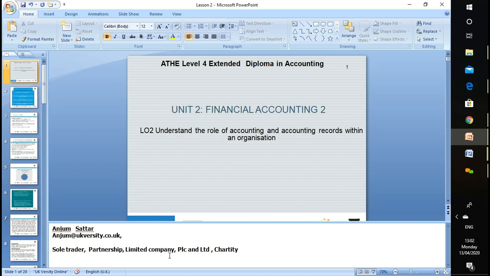All these organizations need to keep accounting records, which is a legal requirement by law. They have to keep the records to meet the requirements of HMRC, Companies House, if it's a company, they have to submit the accounts, and the stock exchange.